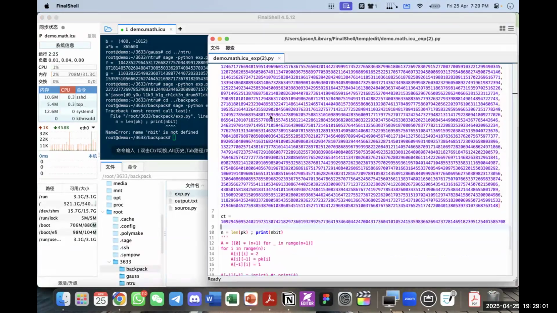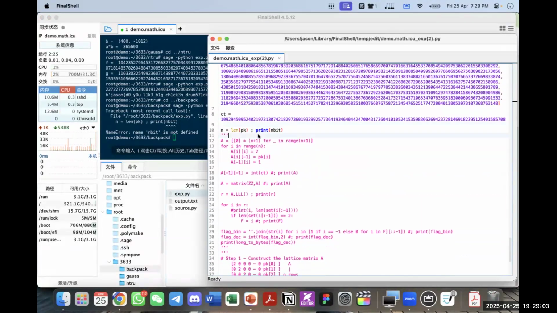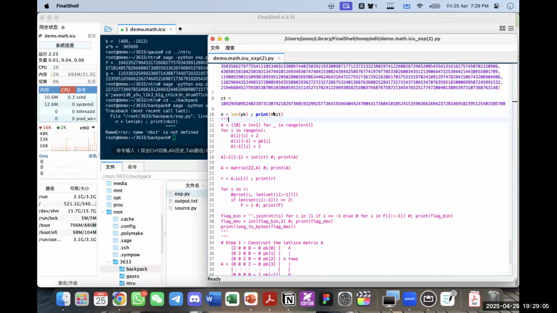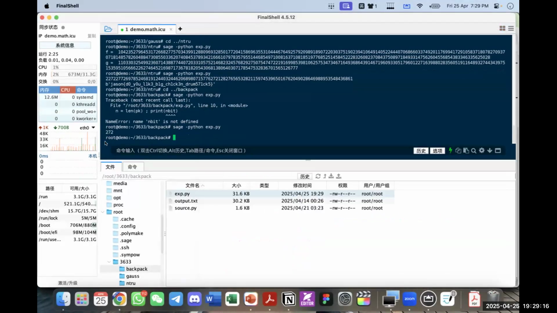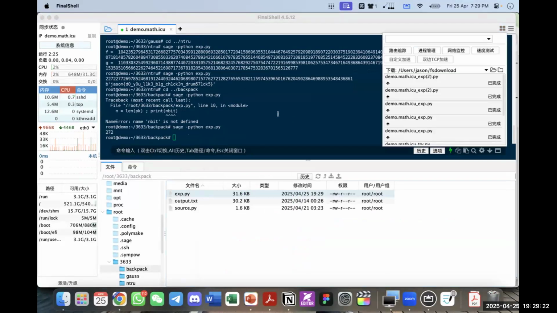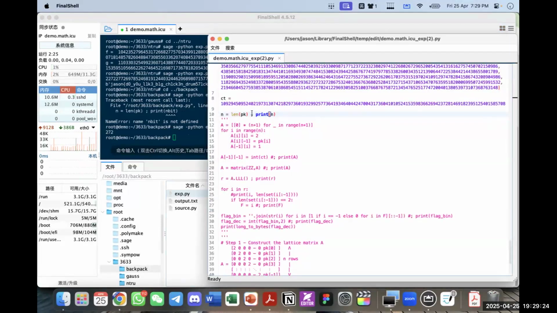Okay, so this should be N. We have 278 public keys, so N is this one. So comment out N equals 278.